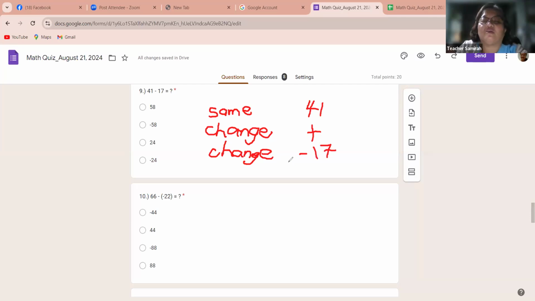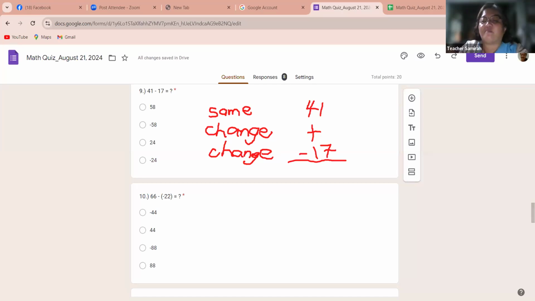Okay, go back to the rule of addition of integers. If we are going to add two different sign integers, we are going to subtract the two integers but copy the sign of the bigger number. What is the sign of the bigger number? Is it positive or negative?